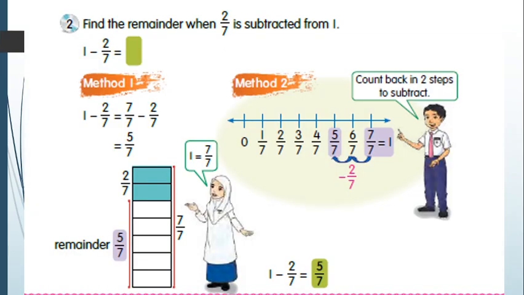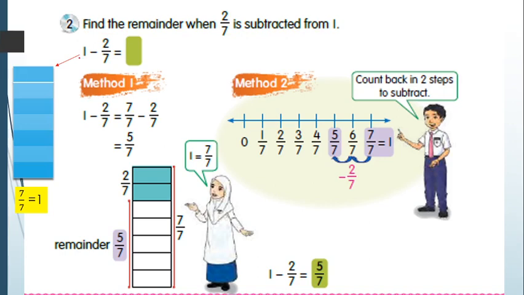Alright. Let's look at this question. Find the remainder when 2 over 7 is subtracted from 1. So you have to understand this one. 2 over 7 is subtracted from 1. That means 1 minus 2 over 7. Right?